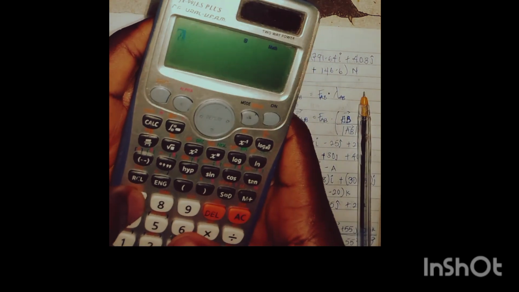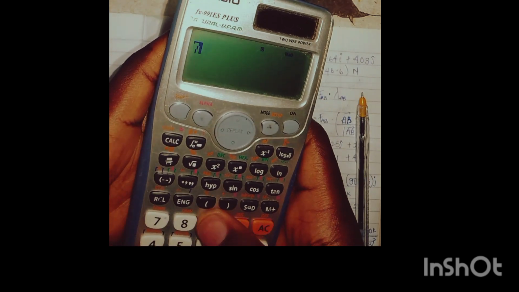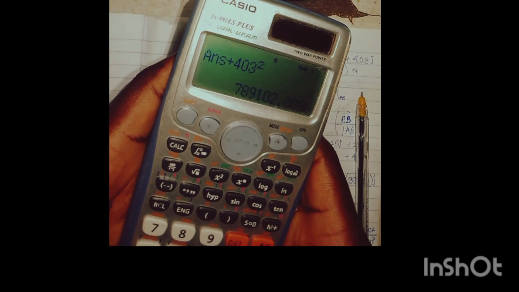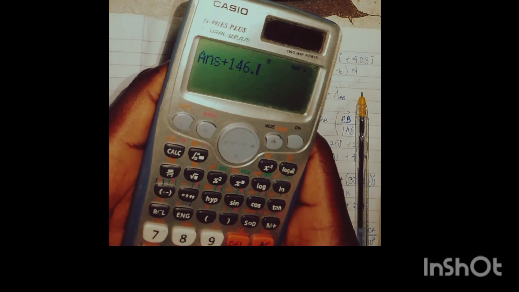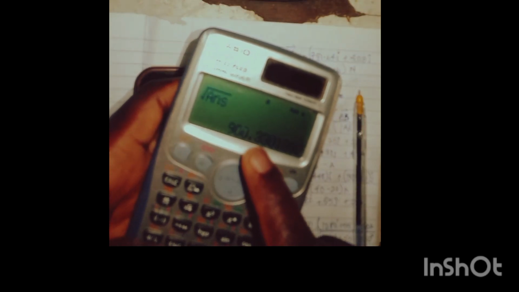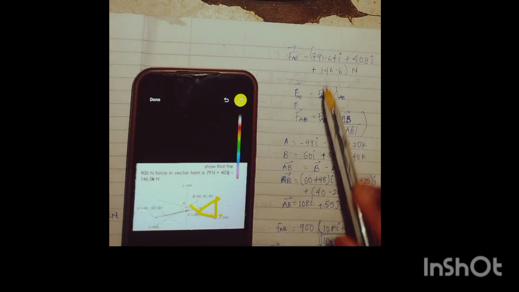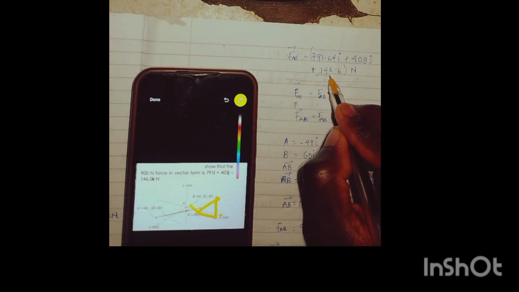We'll be having 791.64 squared plus 403 squared plus 146.6 squared, then the square root of this answer. As you can see, we got our 900 back. So this particular 900 Newton force can be expressed in vector form as this.